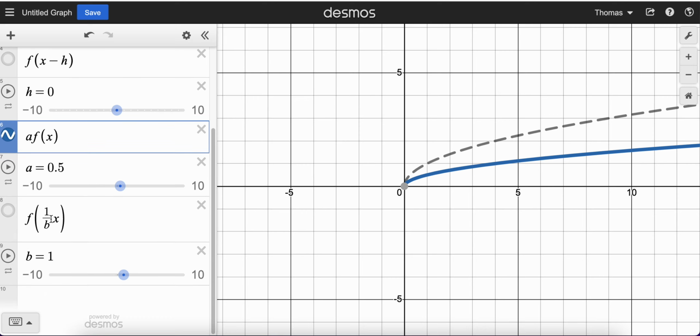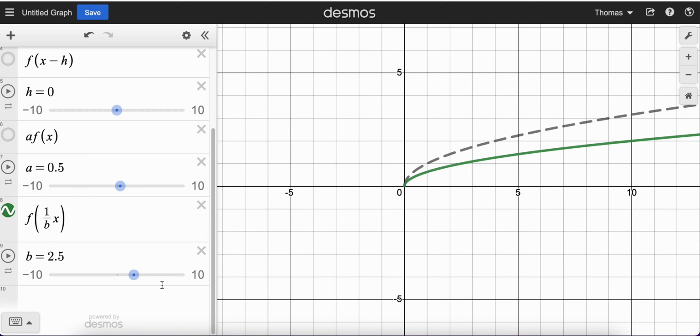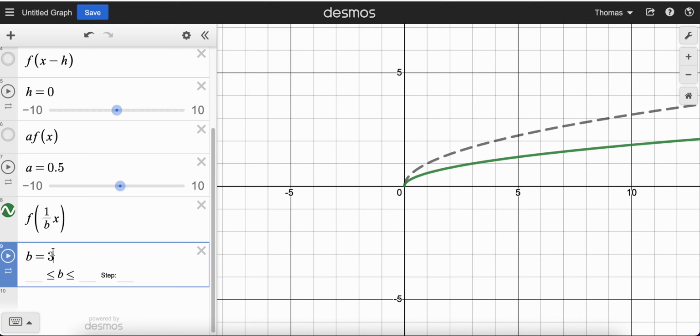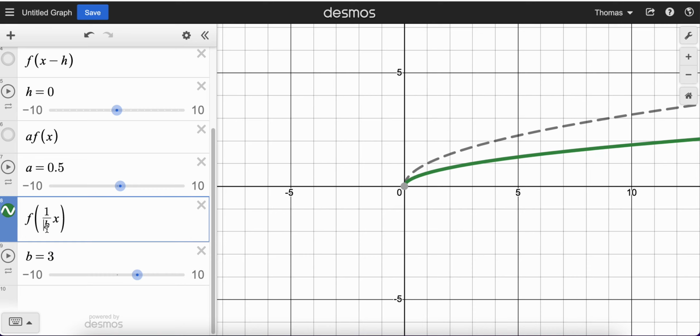If we multiply inside the operation, and just pay attention to the way this is shown, it's 1 over b, the reciprocal of b. So when this b value is 2.5, this represents a horizontal stretch because this 3 is really the denominator of what's being inside. What we're multiplying by here is 1/3.